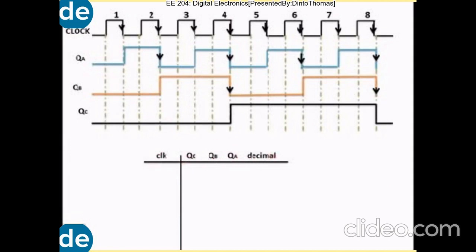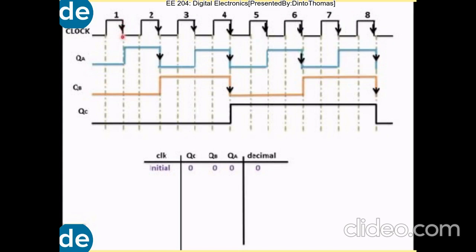Now, if we follow the waveform in a tabular column, we can say the initial value is assumed to be 0, 0, 0, and its decimal value is 0. Next, on the first clock pulse, the values are to be noted from the waveform itself.